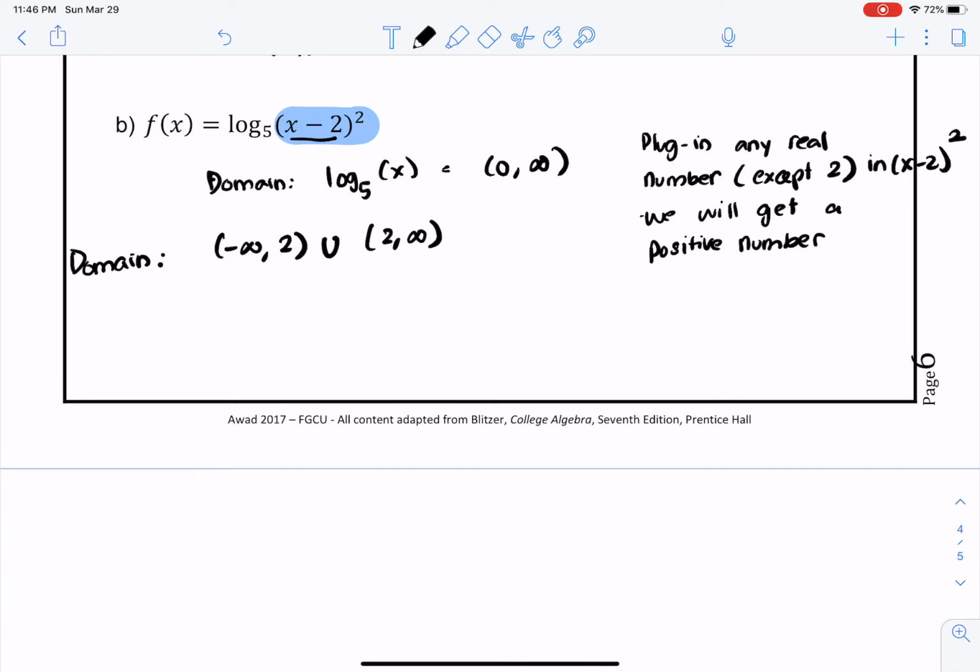But I can plug in any other real number just because of the fact we have x minus 2 raised to 2. So no matter what real number I plug in for x minus 2 raised to 2, this would always become positive, so I could plug in all real numbers except x is equal to 2.